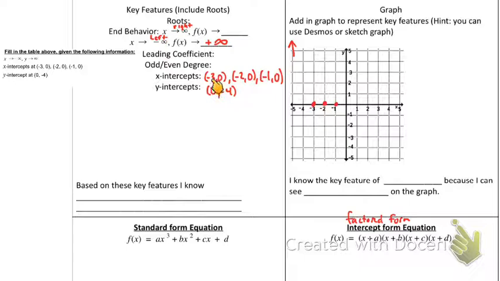Okay. So if you recall, these are really your x values. So I can write them as x equals -3 for the first one. The next one is x equals -2. And then the next one is x equals -1.